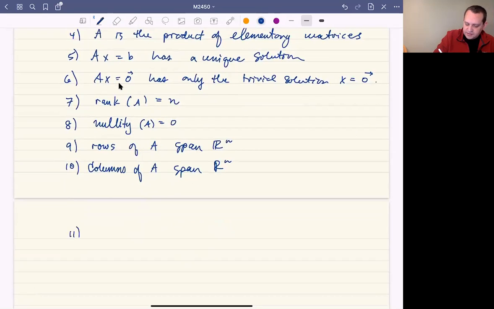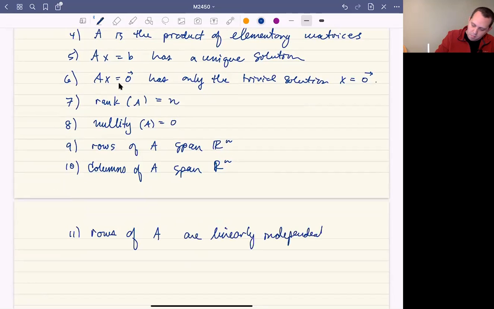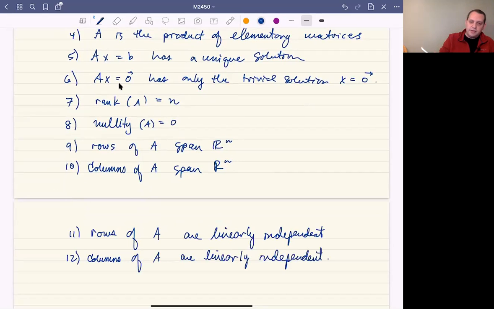That's also equivalent to saying that the rows of A are linearly independent, or that the columns of A are linearly independent. And those are all equivalent to saying that A has a non-zero determinant, right?